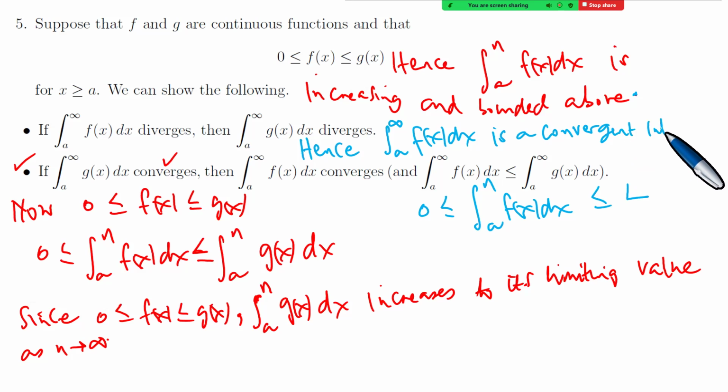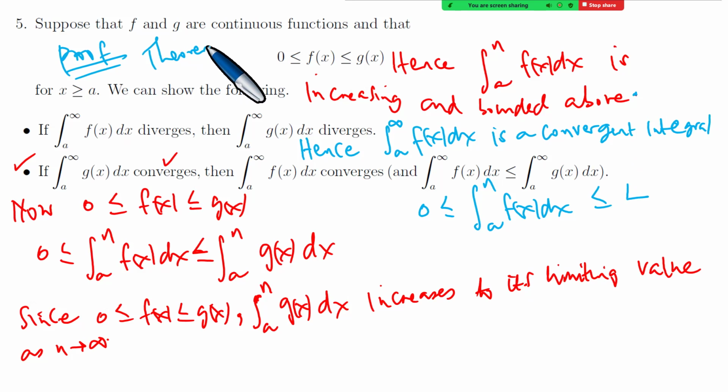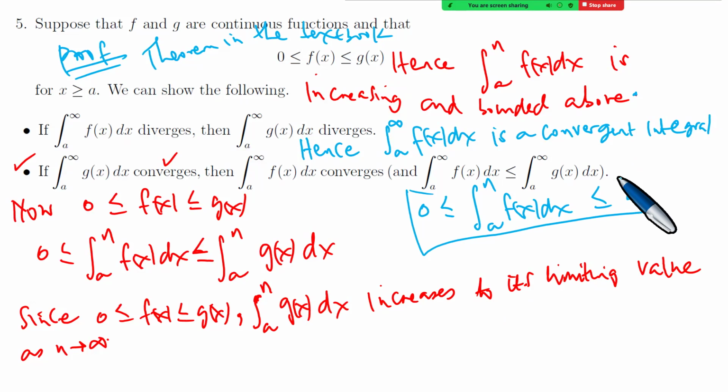This is how you would generally be expected to prove this. This is the theorem, so I'm just following the proof of the theorem in the textbook. I'm not reinventing the wheel. This is the proof. This is just a comment.